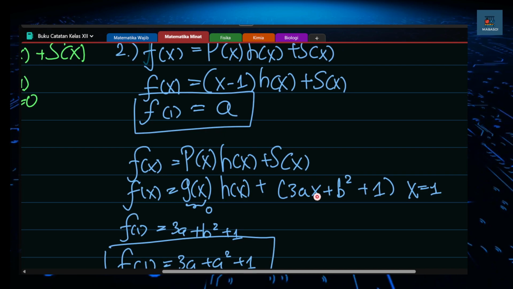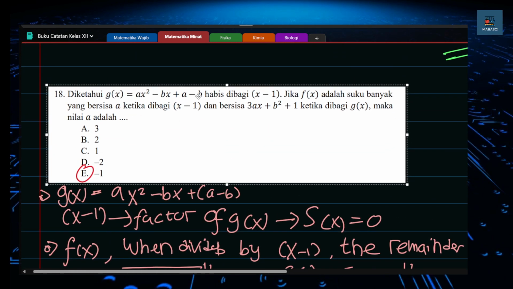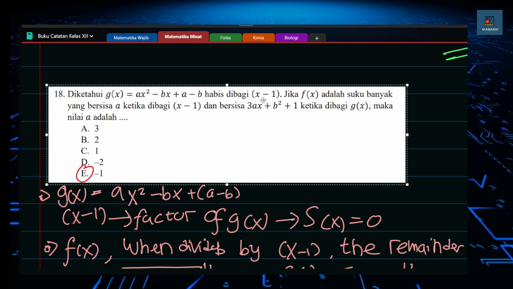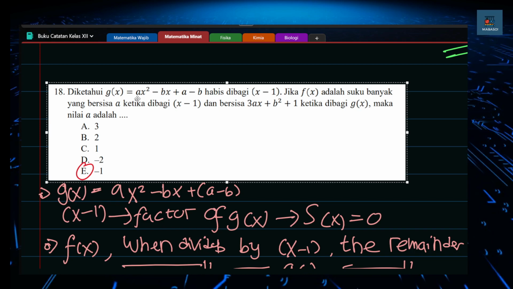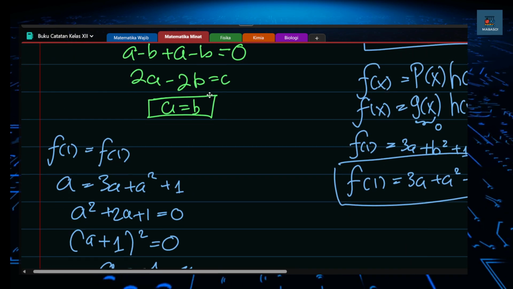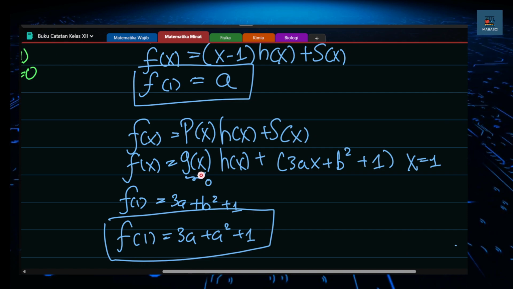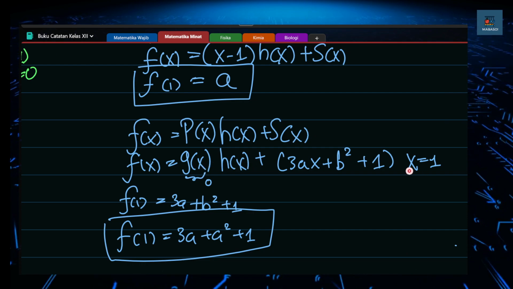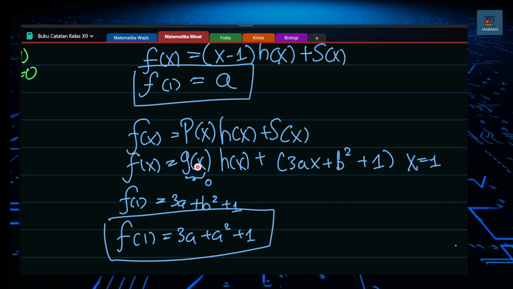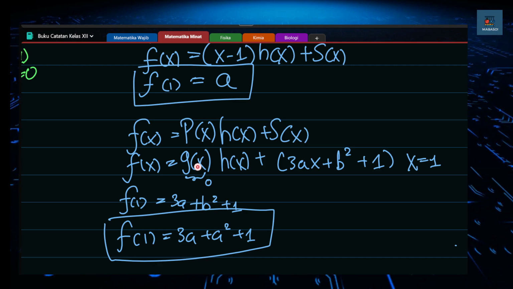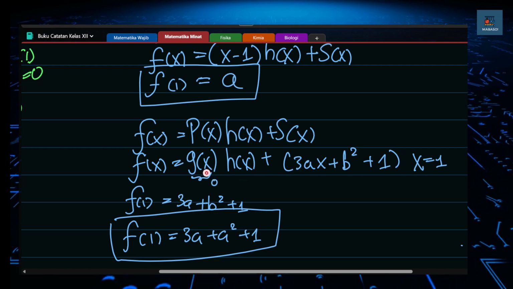And the next thing that I will do is, since g(x) has a factor of x minus 1, it means that if we choose x equal to 1, this polynomial would equal 0. So I choose it because g(x) has a factor of x minus 1, and if we substitute x equal to 1 into this equation, g(x) would be equal to 0, according to the factor theorem.